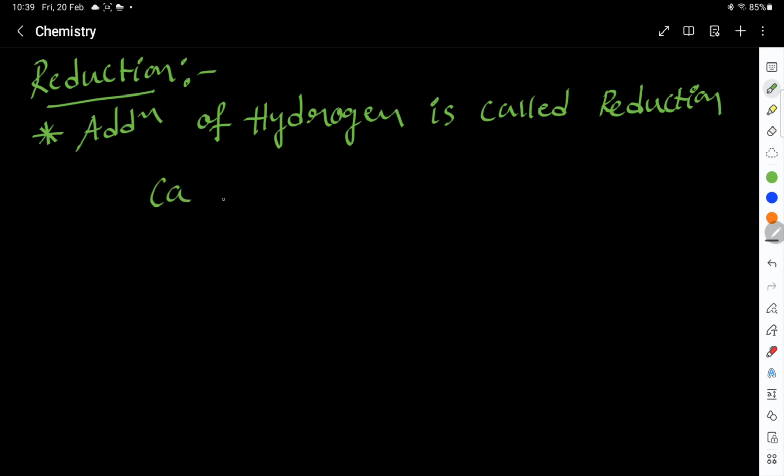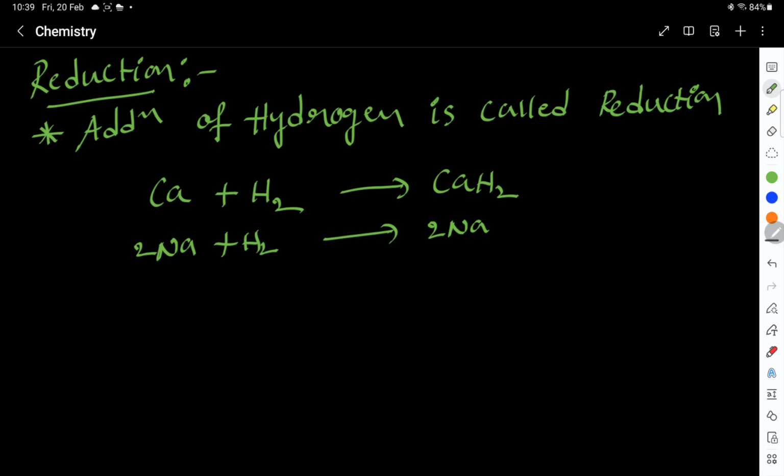For example, if I take calcium and I'm adding hydrogen to this, it forms CaH2. If I take sodium and I'm adding hydrogen to this, then it forms 2NaH. This is known as reduction.